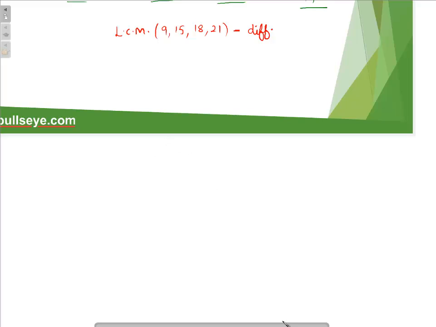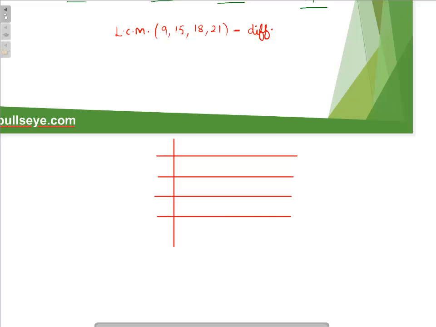We can go by prime factorization as well as the division method. We can put 3 here.